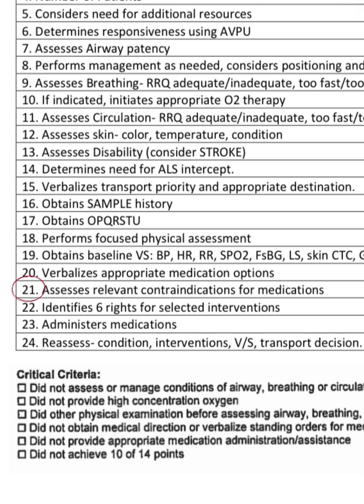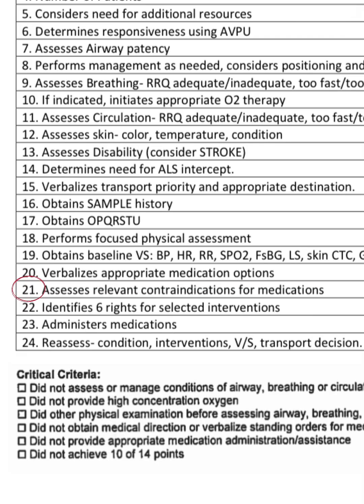Then move down to step 21 and assess the relevant contraindications for that medication that you're planning on giving. For example, for a patient with low blood glucose, I might want to administer oral glucose to that patient. I know one of the contraindications for oral glucose is if my patient is not capable of swallowing on their own. So I will ask the examiner, is my patient capable of swallowing on their own?